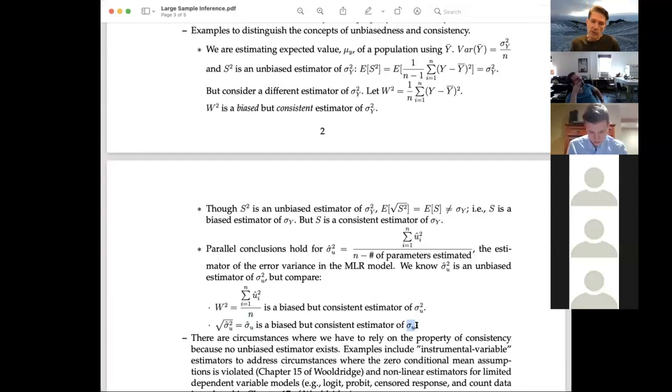It's just something to think about and realize: we have things right under our noses, like root mean square error or sample standard deviation, that don't satisfy unbiasedness, but they satisfy consistency.